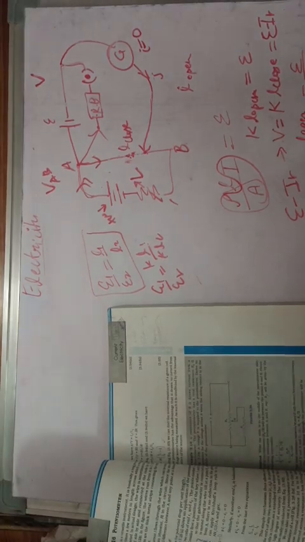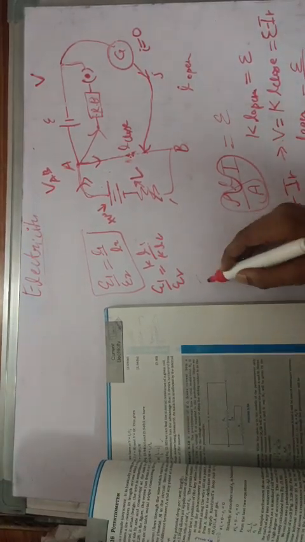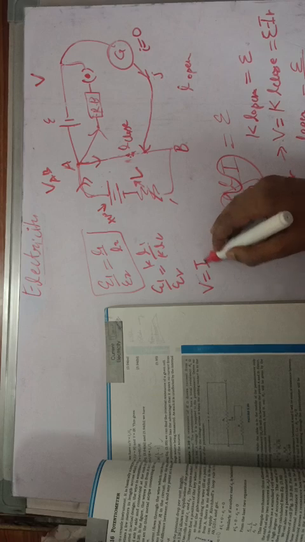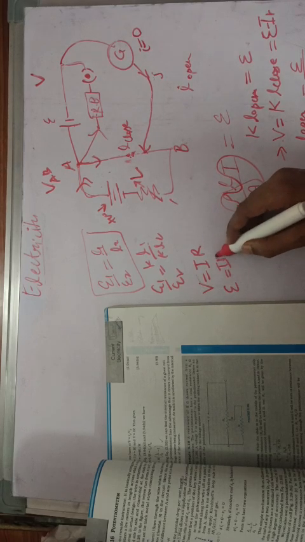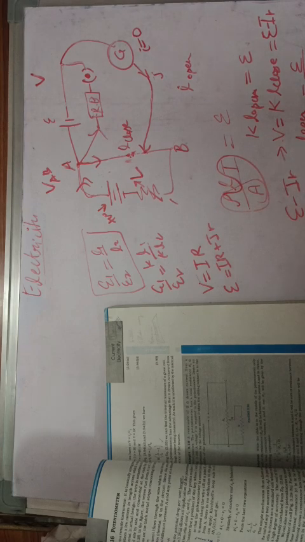And one more thing here is that we know that V is equal to IR, and E is equal to IR plus Ir. So this ratio, which was the ratio of E upon V, can also be written as R plus r upon R. So this L open upon L close can be written as R plus r upon R.